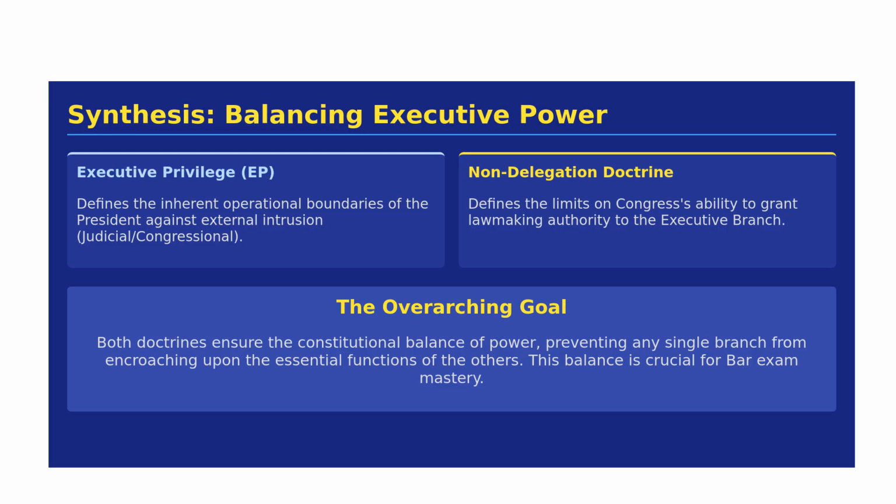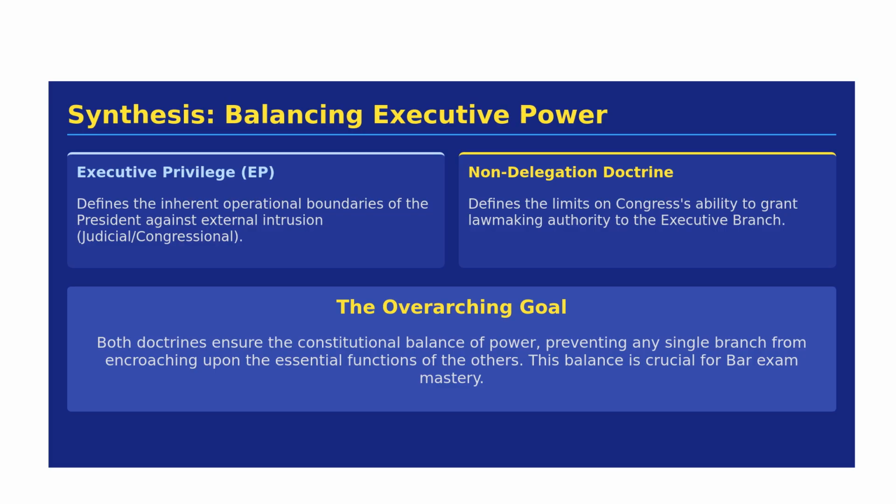Second, the non-delegation doctrine defines the constitutional limits on Congress's power, restricting how much operational authority it can grant to the executive branch. While one protects the President's internal sphere, and the other constrains Congress's reach, their ultimate purpose is identical: maintaining the constitutional balance of power.